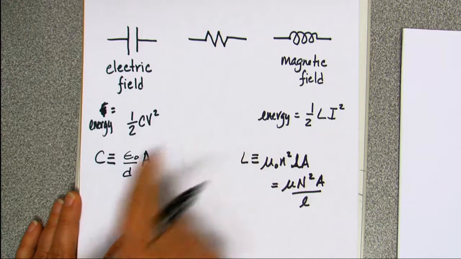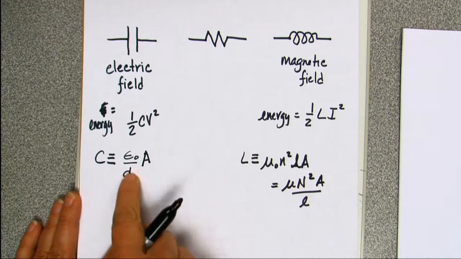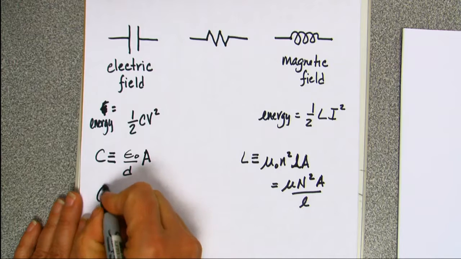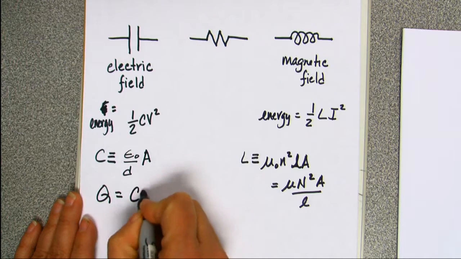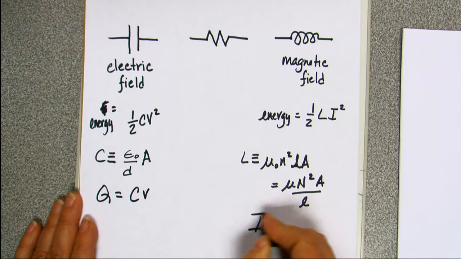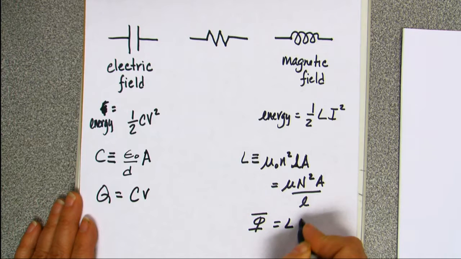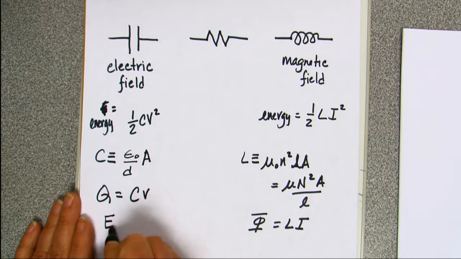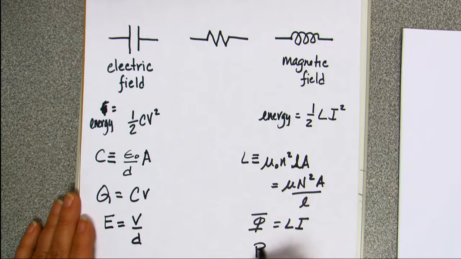These are the relationships for the number of turns and the relationship to the area, and we can go back and forth. This one relates back to charge, where charge is CV. This one relates back to flux, and that's Li. If I look at my electric field, it's voltage divided by distance. This one is my magnetic field, and it's mu n I.